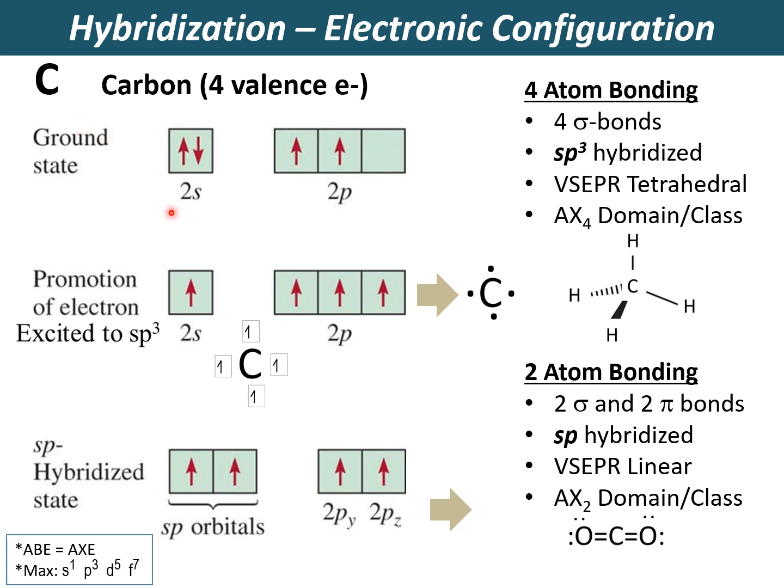It starts at the 2s and goes to the 2p, and we get the 4 valence electrons. However, in this state, these electrons are not active to form 4 bonds. Therefore, one of the 2s electrons, the spin down, will be promoted to a 2p.